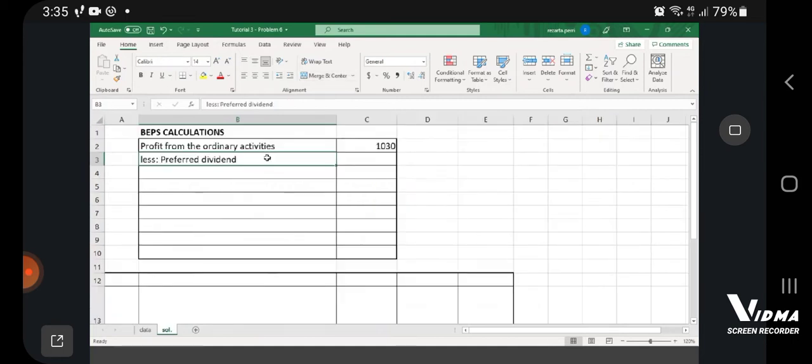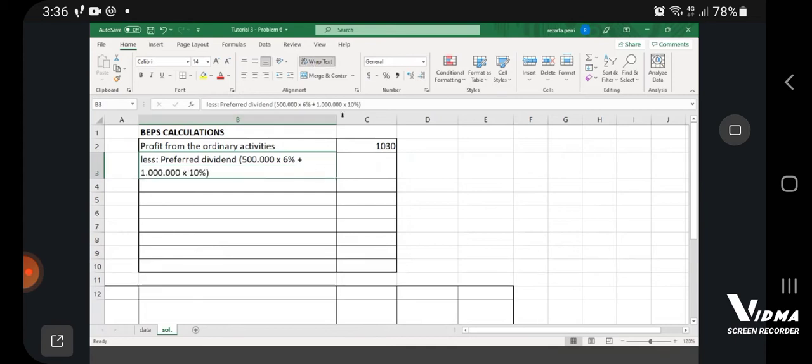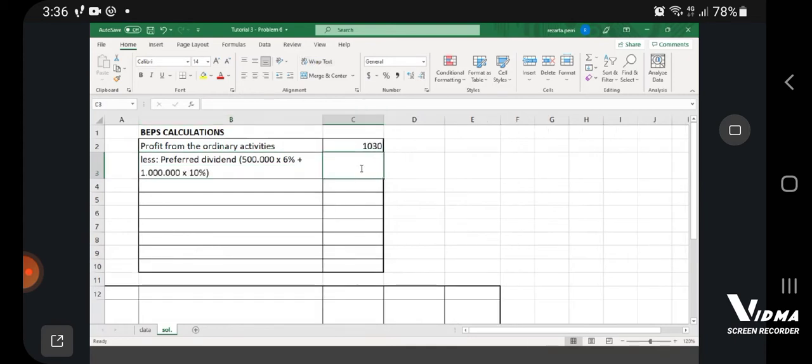So when we calculate the dividend, we would make this kind of computation over here: 500,000 multiplied by 6% plus 1 million at a 10% dividend rate. So this is the calculation related to the preferred dividend. Okay, so 30 plus 100 is 130. So this is the preferred dividends we are talking about.